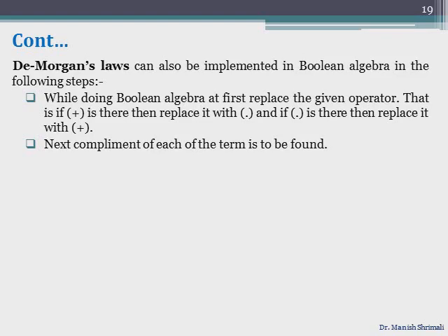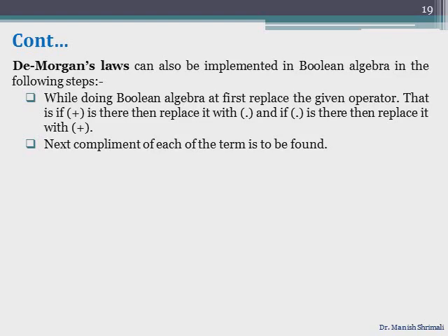While doing Boolean algebra, at first replace the given operator. That is, if plus is given to you, replace that plus by dot, that is into, and if into is given to you, replace that into by plus.